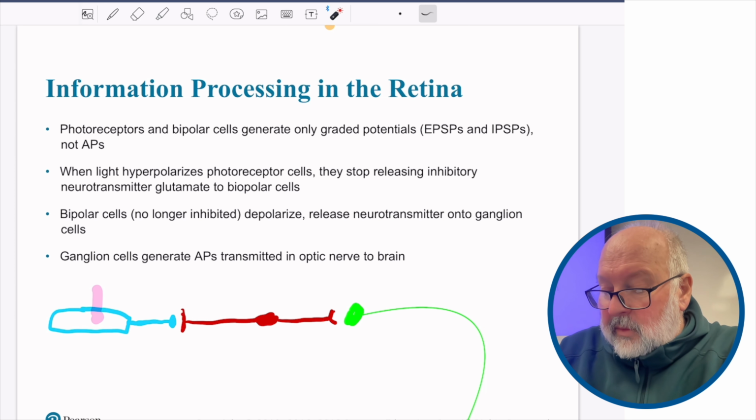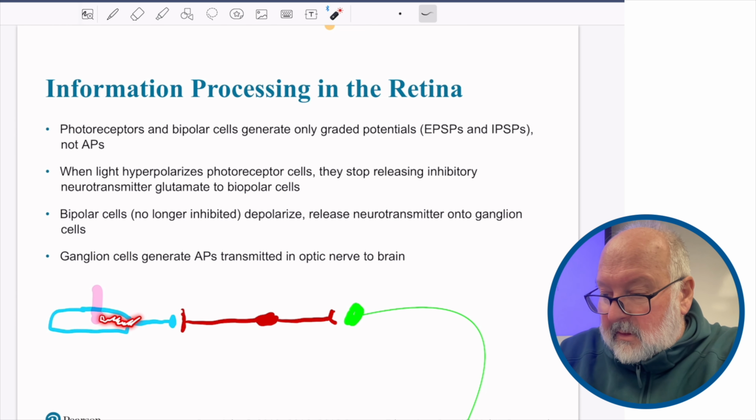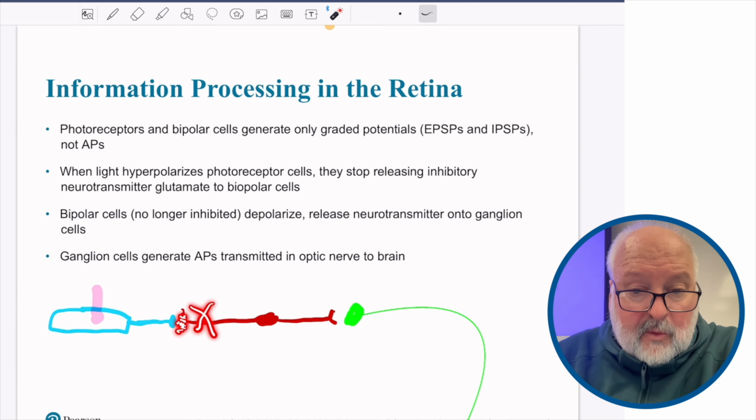Now, this rod or cone, when not in use, is releasing glutamate. And remember, glutamate's inhibitory here, and it's telling the bipolar cell, do not fire.